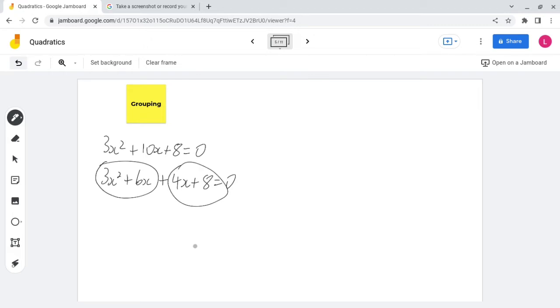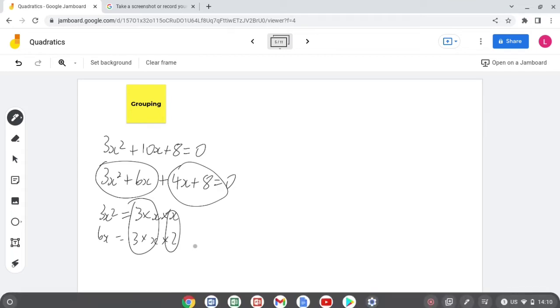If we look at this, 3x squared and 6x. So you see 3x squared equals 3 times x times x. And 6x equals 3 times x times 2. So if you look at the common factors, they have 3 times x as a common factor. And the one remaining is x and 2.